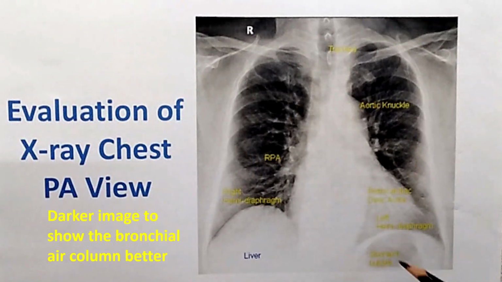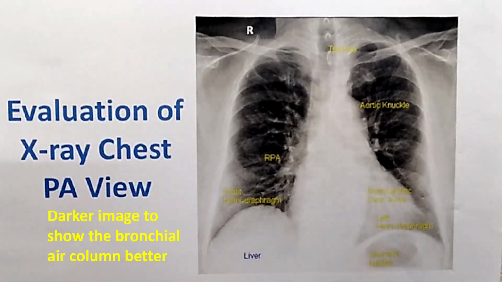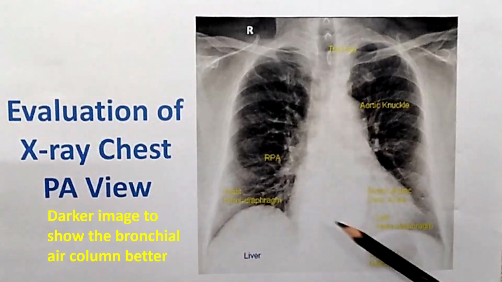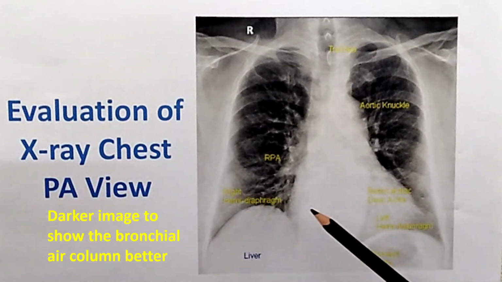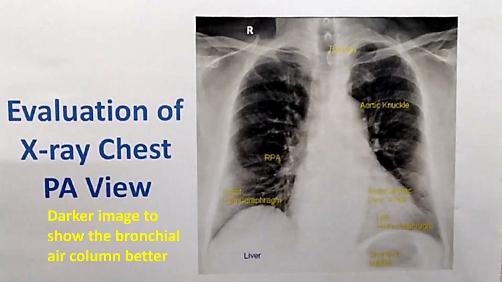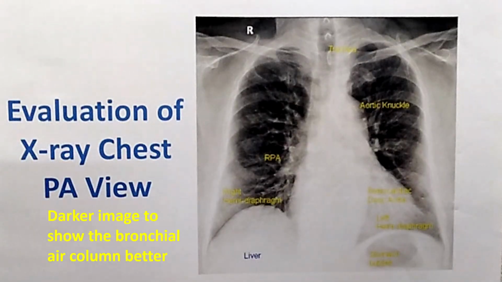If there is no situs inversus and if there is dextrocardia, then it is called as isolated dextrocardia, which is more likely to be associated with cardiac malformations. This is majority of the heart shadow on the left side. We call it as levocardia, and the apex should be pointing towards left. In dextrocardia, majority of the cardiac shadow will be on the right side and apex will be pointing to the right.